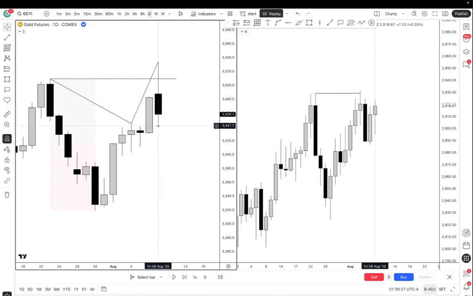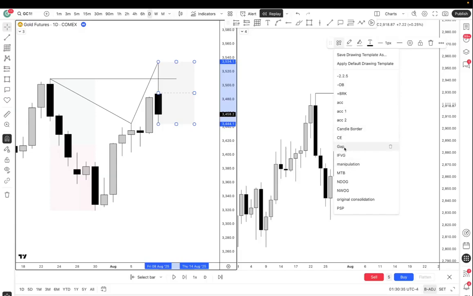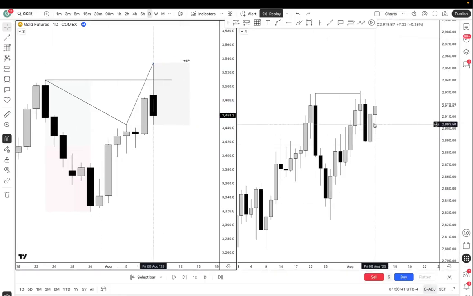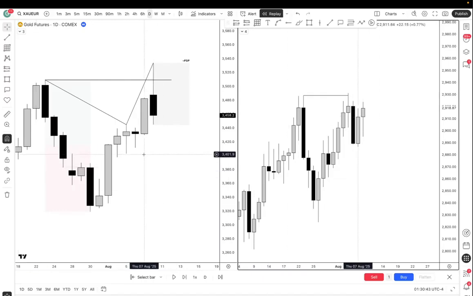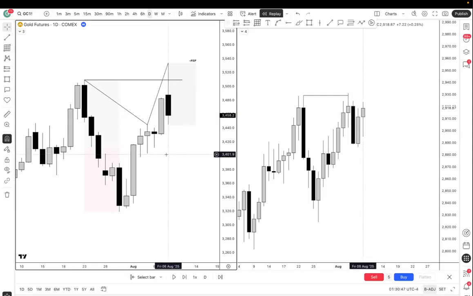And what else do we get here? The asset that runs at the high creates a PSP right here.